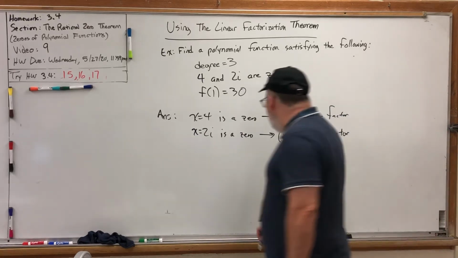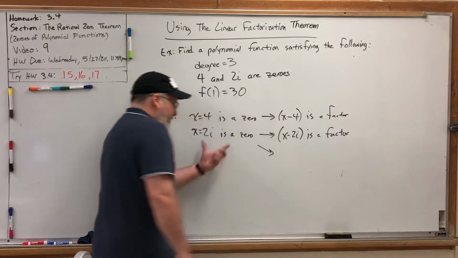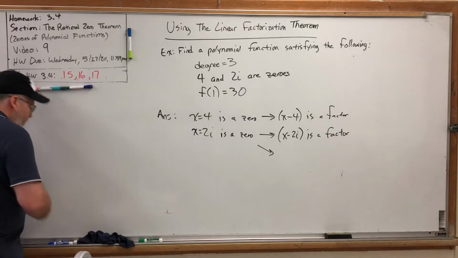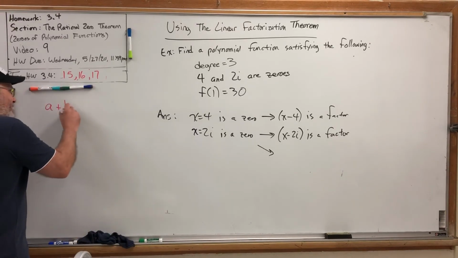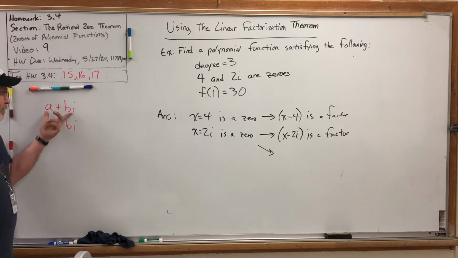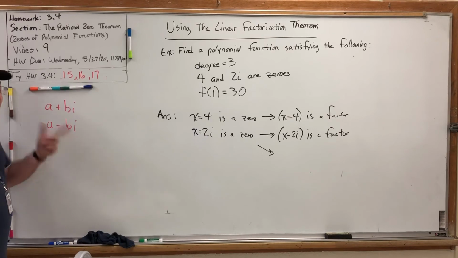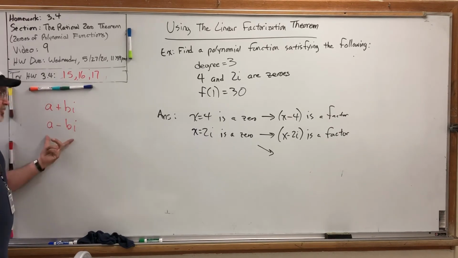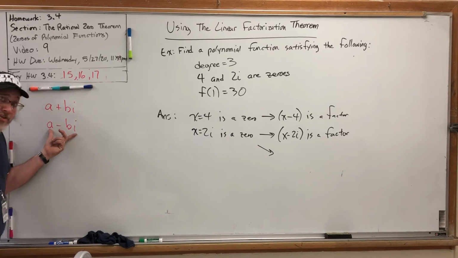But this isn't the only thing that this tells us, because the complex zero theorem, the one that says if a plus bi is a zero, then so is a minus bi, says that any complex, any non-real zero has a conjugate companion, if you will.